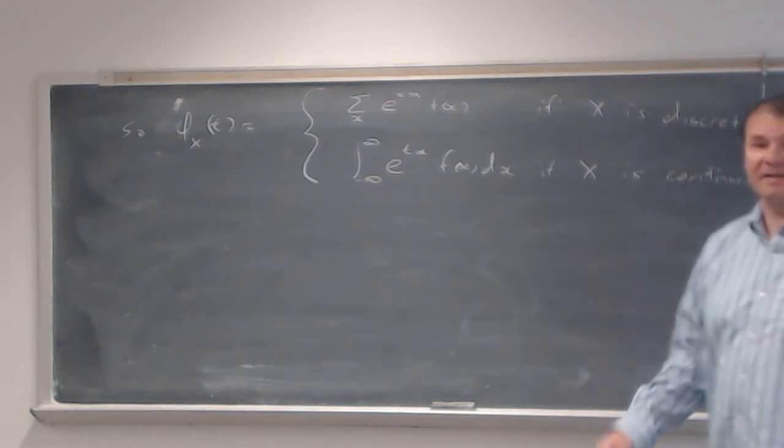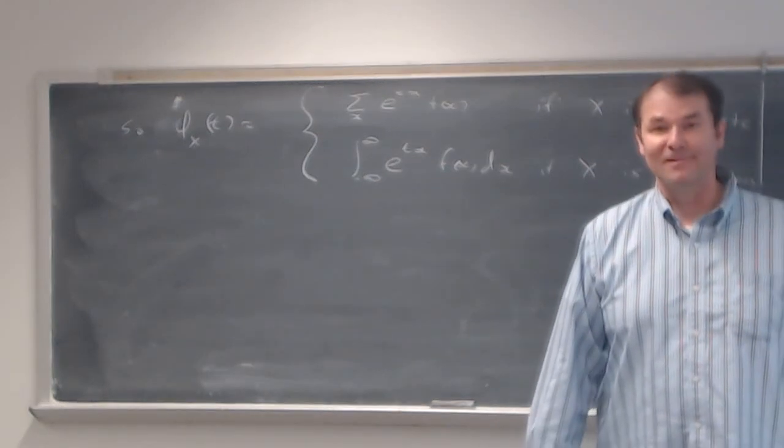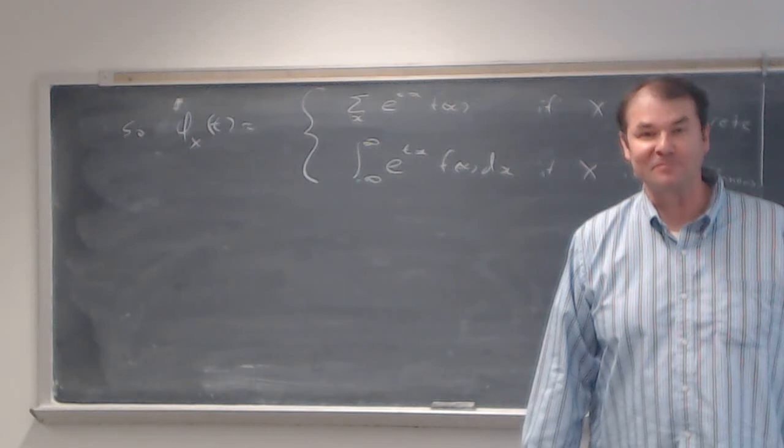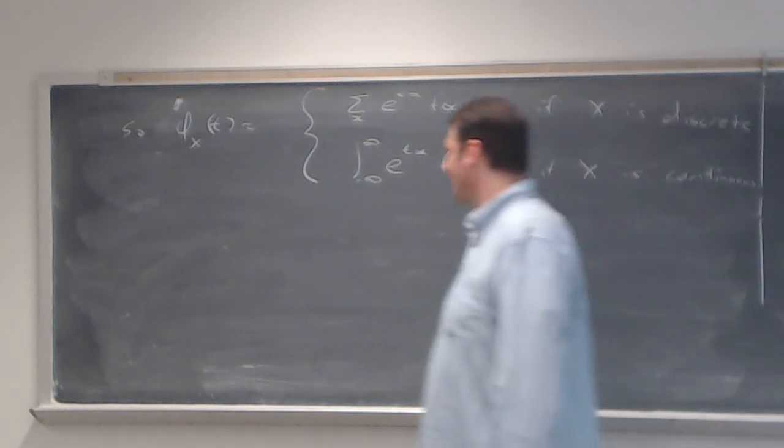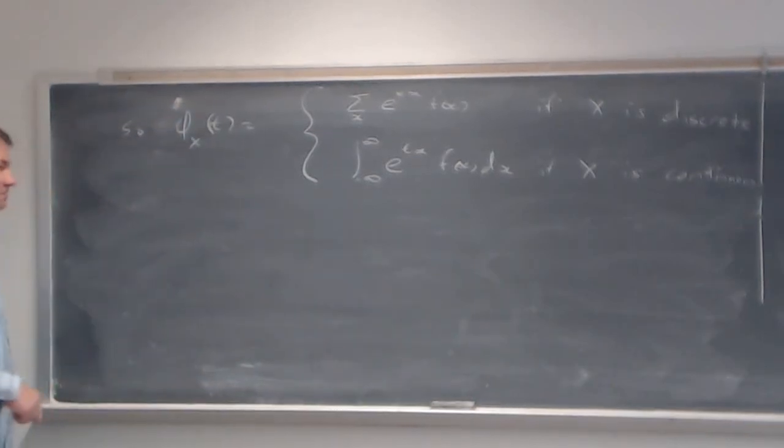We're defining it here for a single variable, and you could define a joint moment generating function when you have more than one variable. But anyway, we're looking at a single case right now.